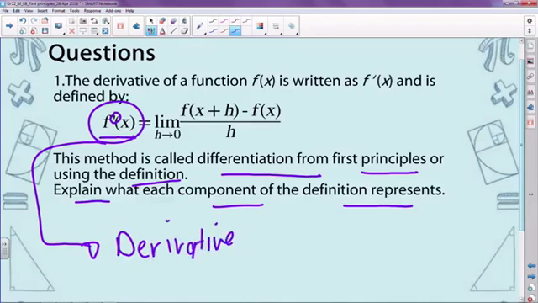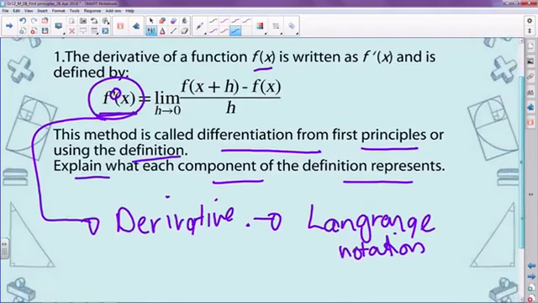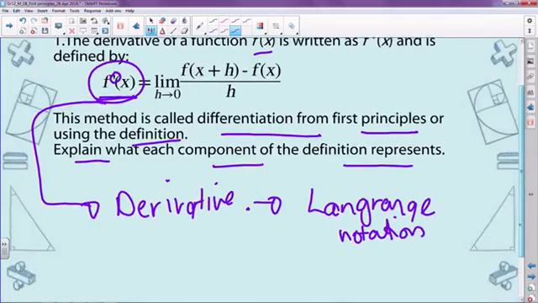It also tells us that this function, f dash x, is related to some function f of x, okay? And we call this Lagrange notation. And that's generally what you will see as f prime x. We read it as f prime x. It tells us we're taking the derivative of a function.